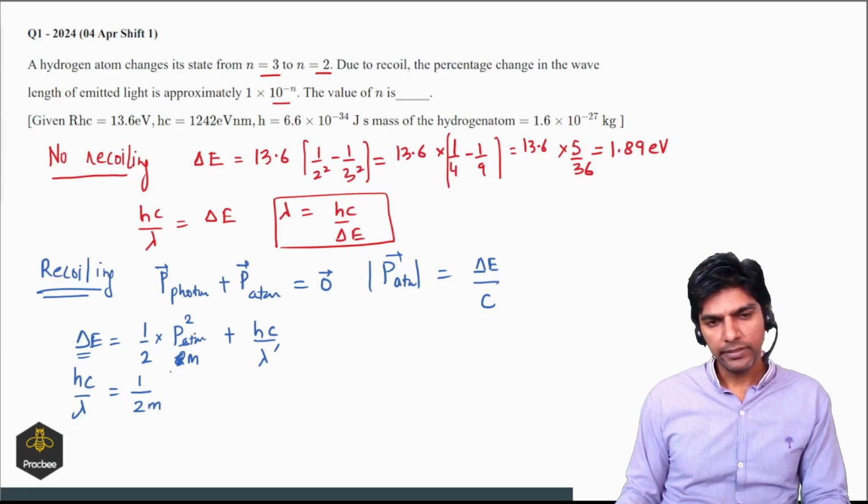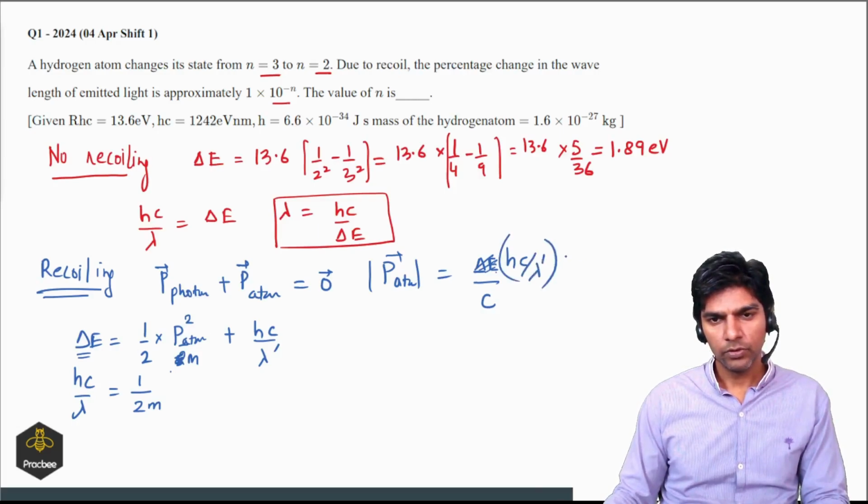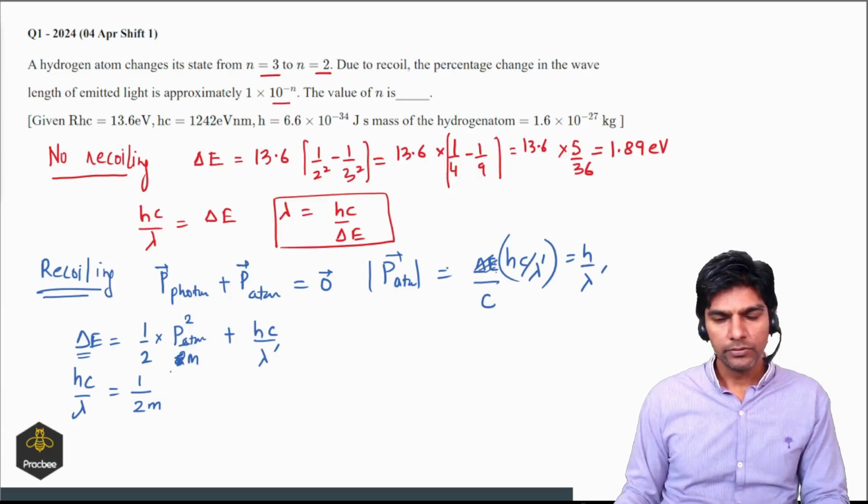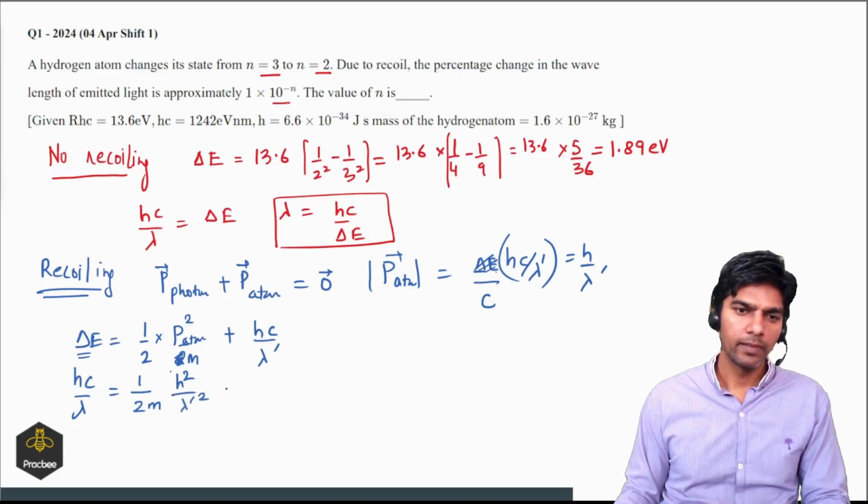So in this case, the linear momentum of the atom, so this energy will be hc by lambda prime, right? Or you can say h by lambda prime. So let us substitute this value in this equation. So it will be h square by lambda prime square plus hc by lambda prime.